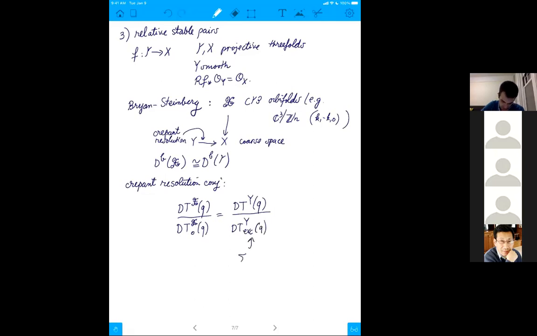This is the sum of DT_beta of Y for beta an exceptional class.